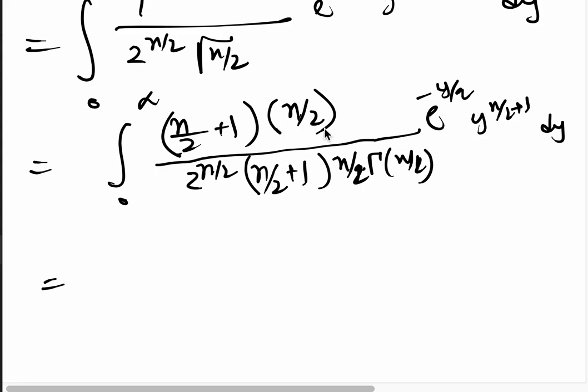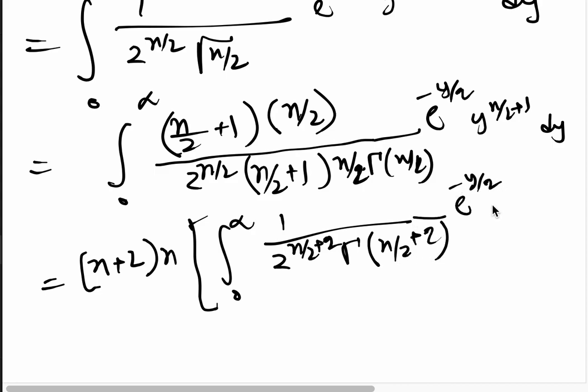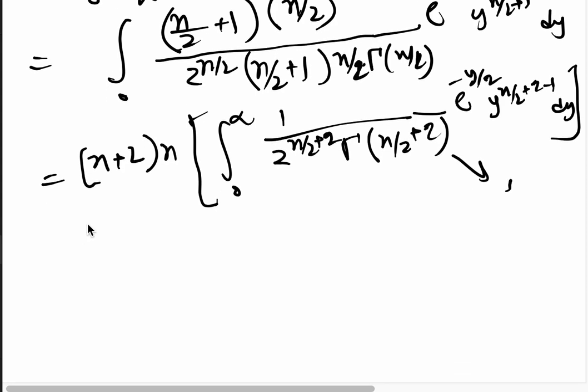So from up we will get n plus 2 by n, and this is again 1 by 2 to the power n by 2 plus 2, gamma n by 2 plus 2, e to the power minus y by 2, y to the power n by 2 plus 2 minus 1, dy. So this is again 1, so this is n into n plus 2.